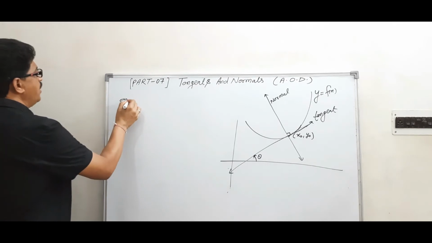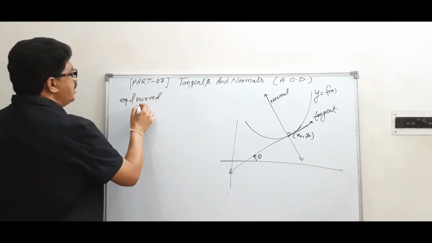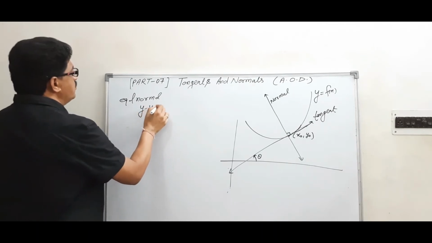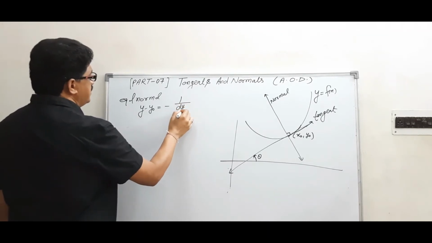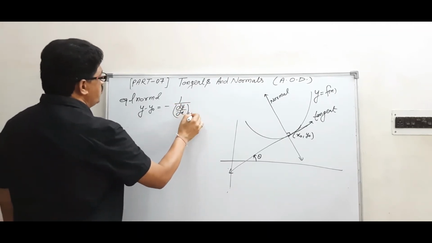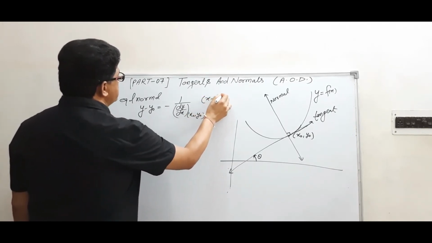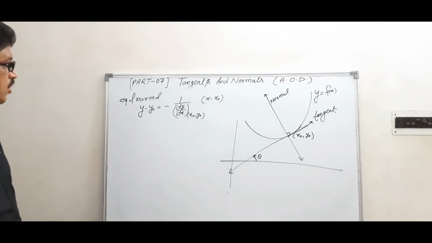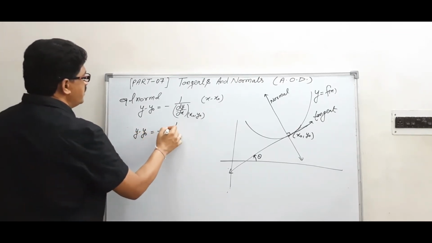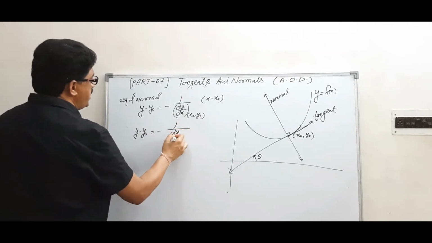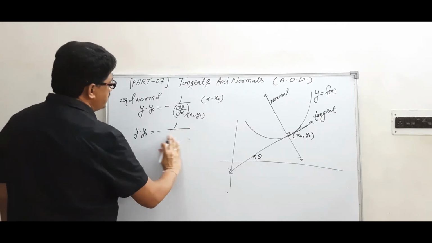Equation of normal: y minus y0 equals minus 1 upon dy by dx at x0 y0, into x minus x0, or we can say y minus y0 equals minus 1 upon f dash x at x0, into x minus x0.